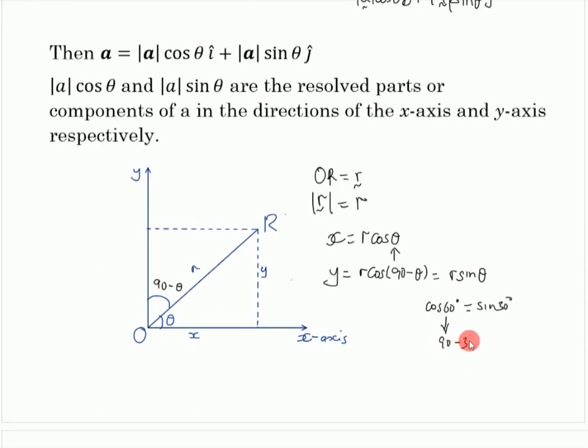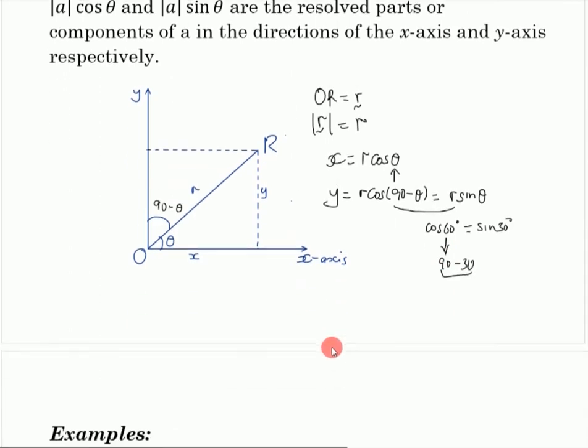So you see that cos of 90 minus 30 is the same as the sine of 30 itself, is what I've written there. You can check this with the calculator. So it means that, by doing that, we have resolved.